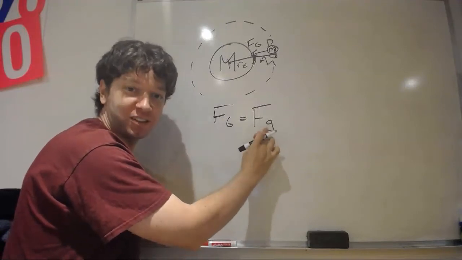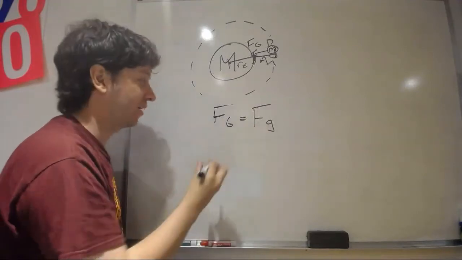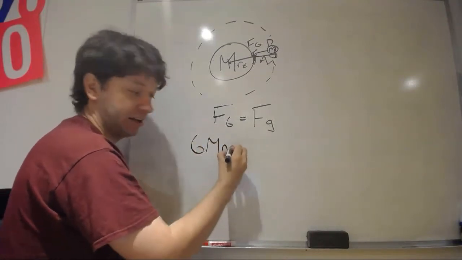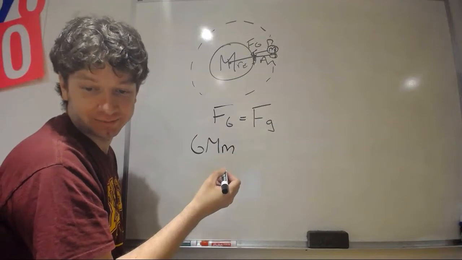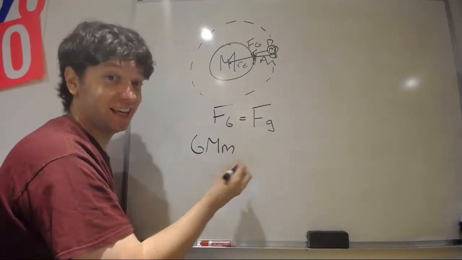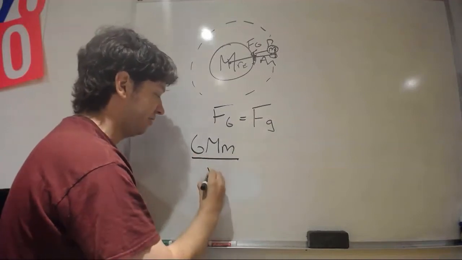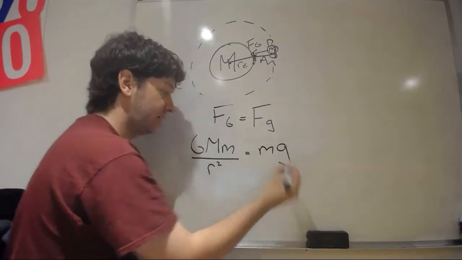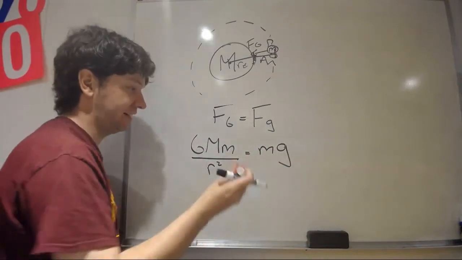But if we wanted to determine what it is, this is a great way to do it. So we'll have G, and that will be the Earth, and this will be the ISS or an astronaut, whatever you want. You'll see it's going to cancel anyways. GM over r squared equals mg. There you go. It's canceling already.